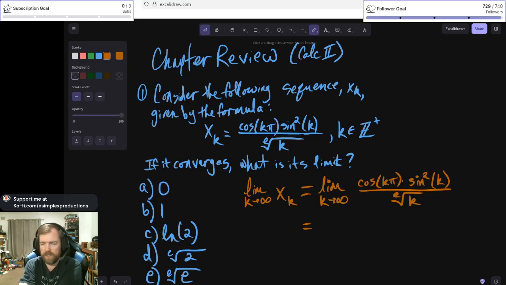Yes, okay, there's something that's being divided, but realistically it doesn't really matter. Multiplied, divided, it's all the same stuff. The limit of the product is going to be the same as the product of the limits.